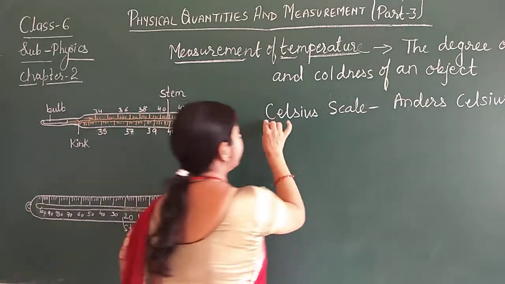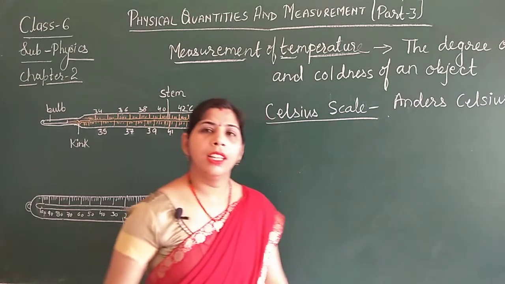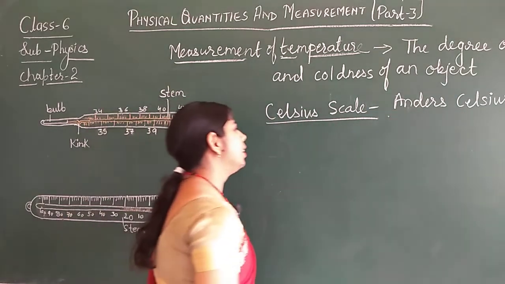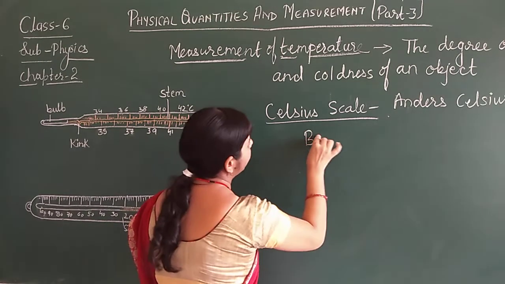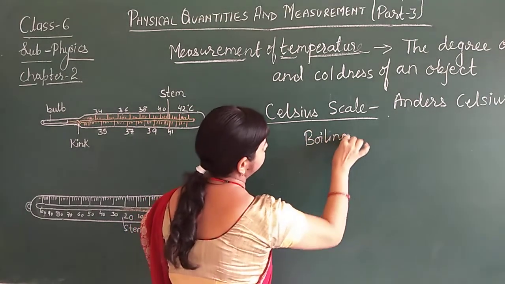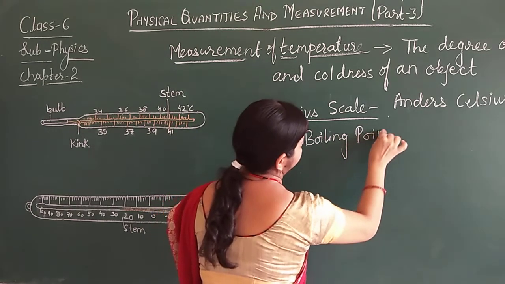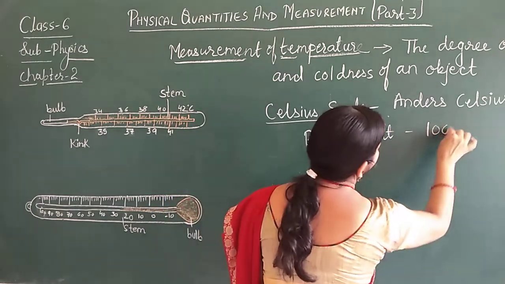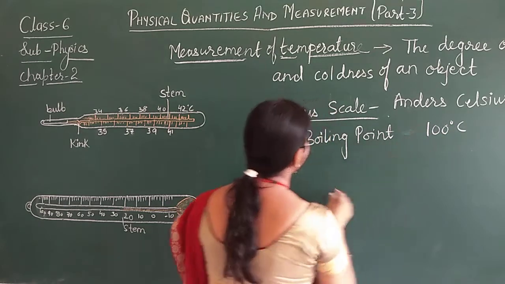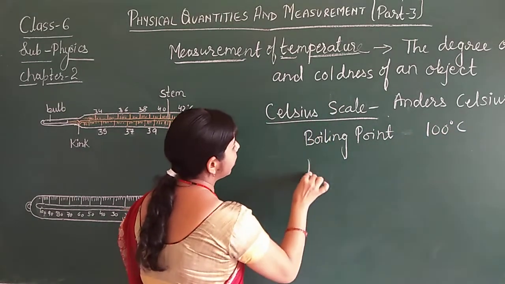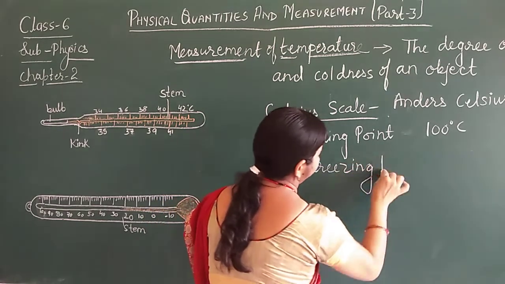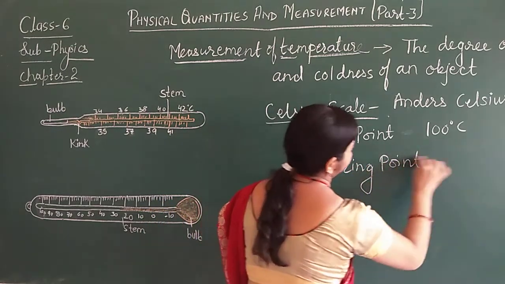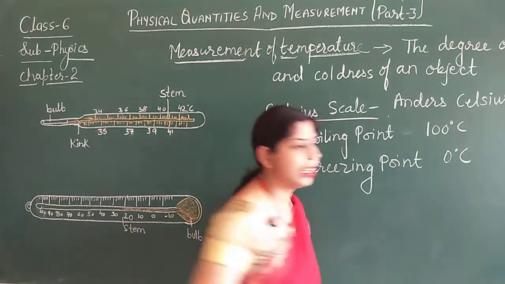As per the degree Celsius scale, the boiling point is 100 degree centigrade and the freezing point is 0 degree centigrade.